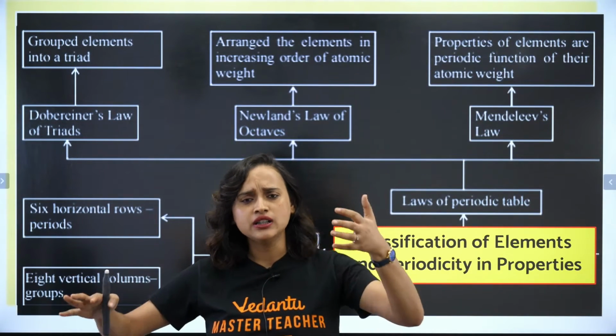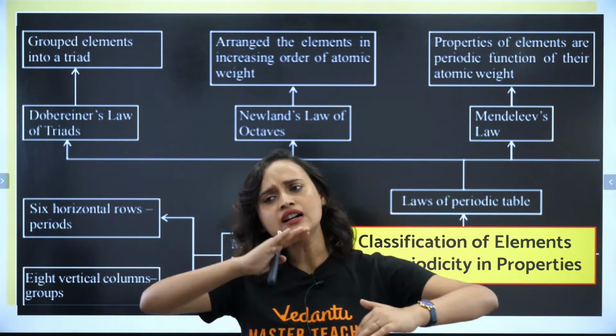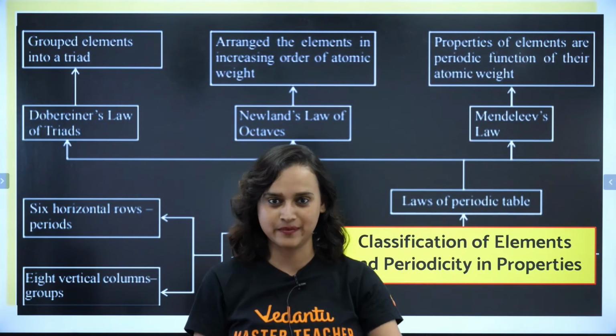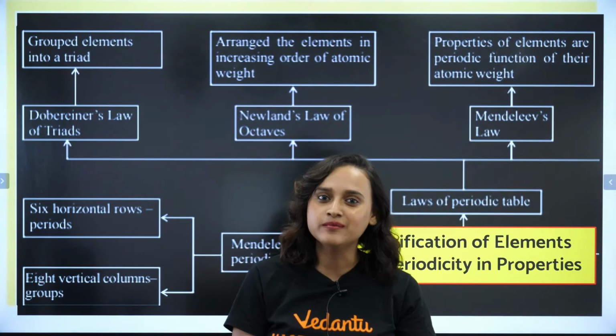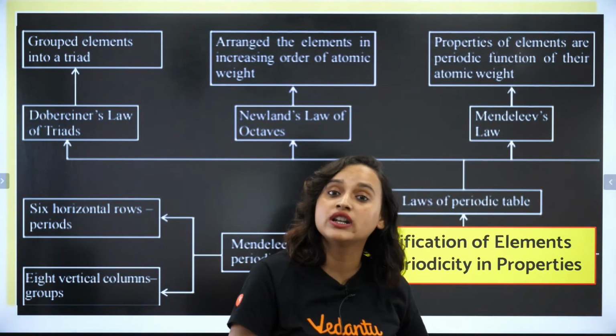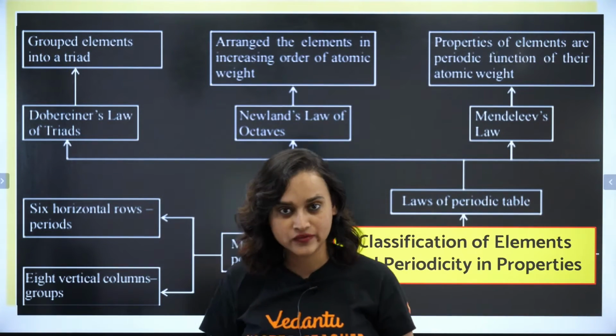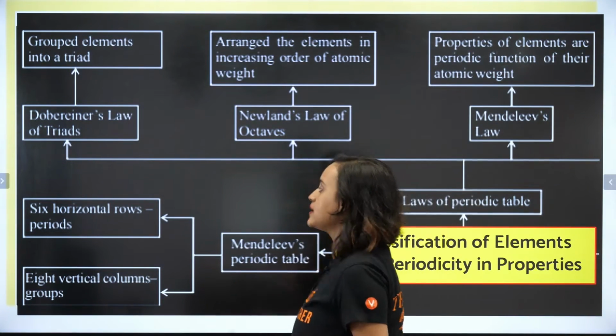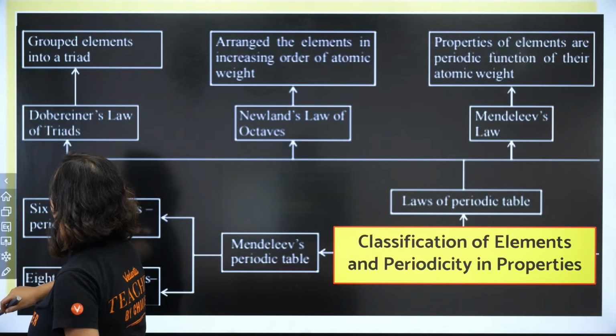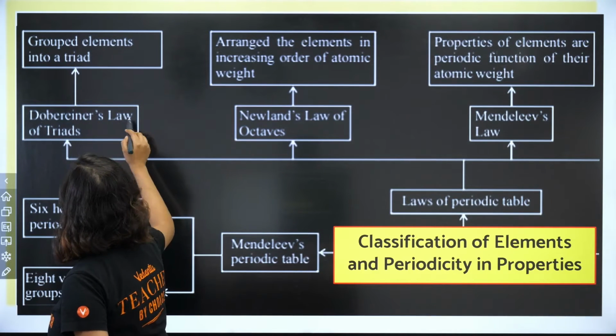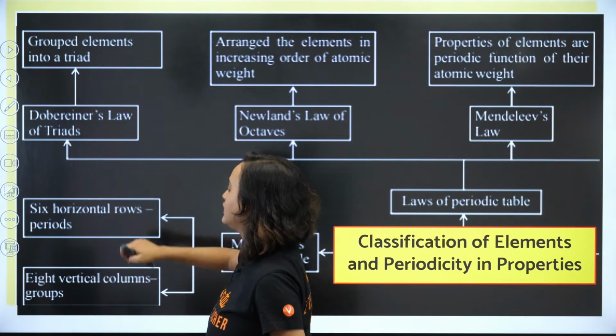So the periodic table had seen a lot of phases and none of them are something that you can disregard, because all of them brought it to where it is. So the first important one that we have to talk about is Dobereiner's law of triads.